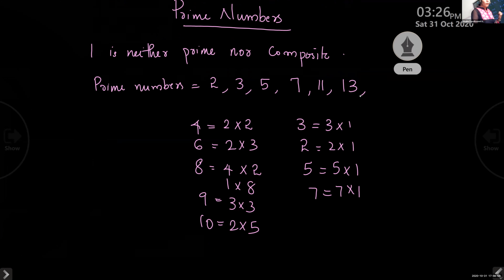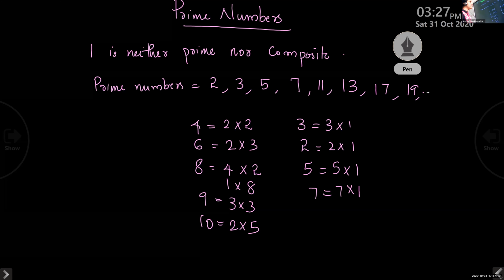Next comes 14. 7 twos are 14, 1 into 14 is 14. So 14 is a composite number. And what about 15? 5 threes are 15. It is a composite number. 16 also a composite number. But 17 is a prime number. 19 is a prime number, etc.